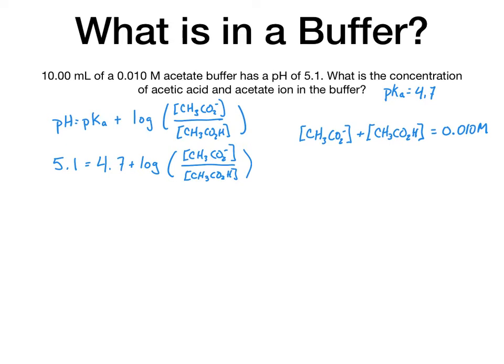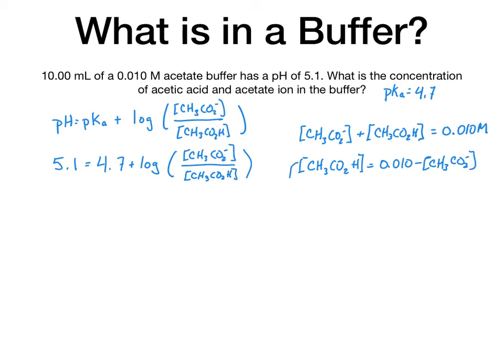And so this means that I have two equations with two unknowns, and I can solve. Last time I solved for the concentration of the base, so this time I'm going to solve for the concentration of the acid, which is 0.010 minus the concentration of the acetate.